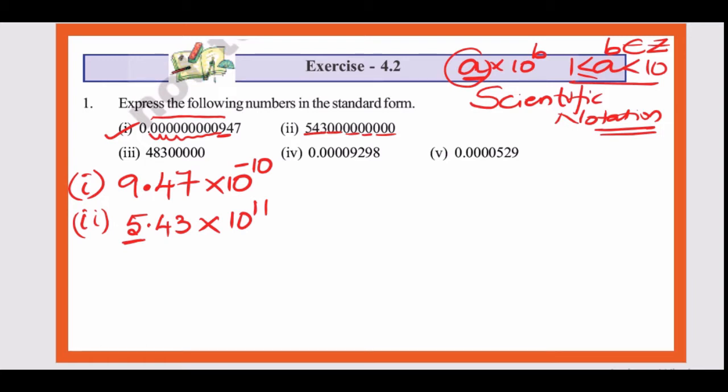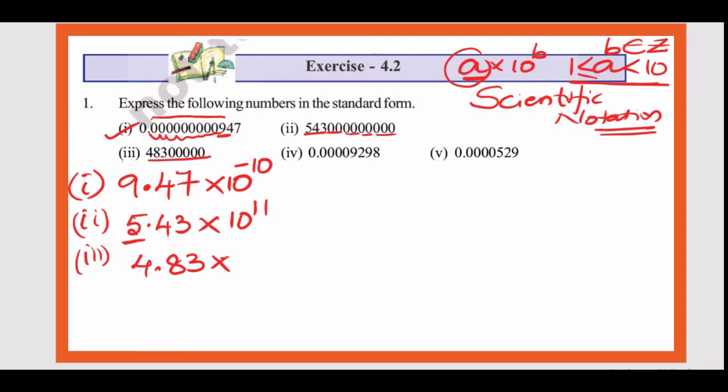Now if you observe this third question, see 483, and after that we are having 5 zeros. Now 483 we can directly take as 4.83, because this particular range you need to remember. You need to read after the decimal point each number as a digit.